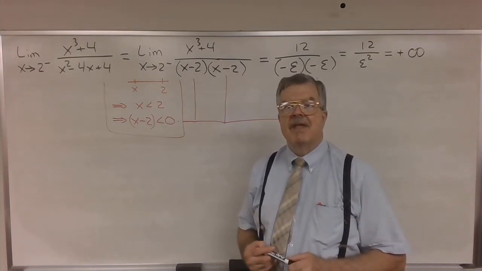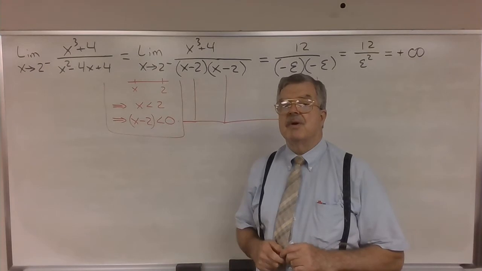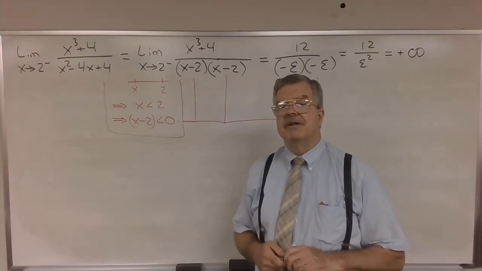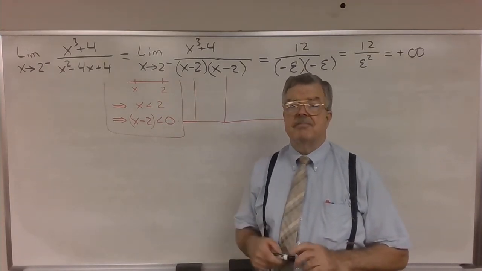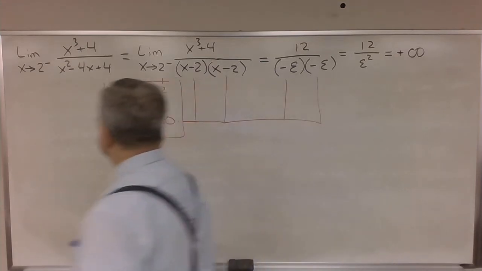Sorry about that. Now we're going to pick up where we left off and compute the one-sided limit as x approaches 2 from the right.